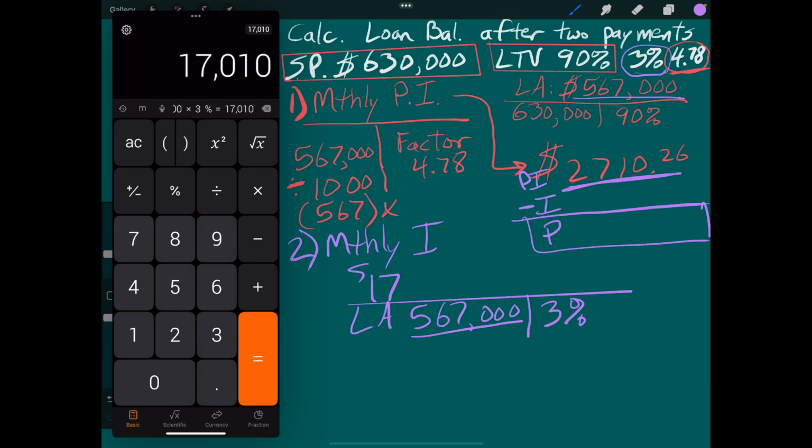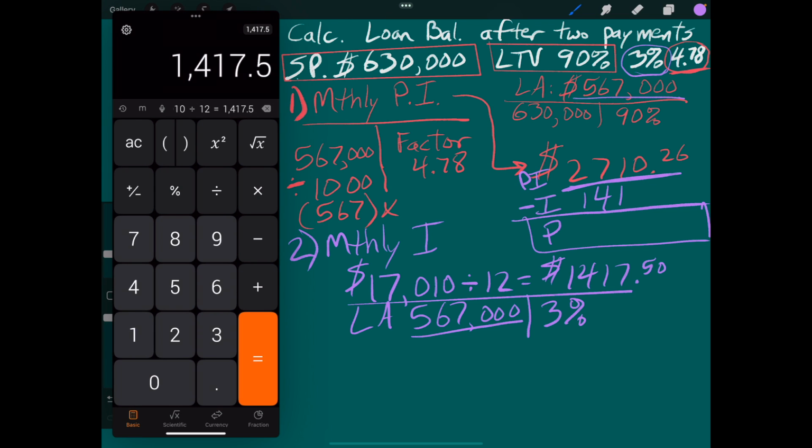Annually, the interest is $17,010. But we need to turn that into monthly, so we'll divide it by 12. Our monthly interest is $1,417.50. We'll plug that in right here, $1,417.50.